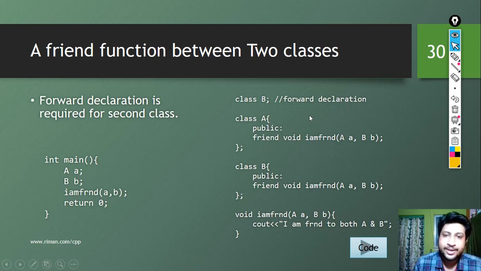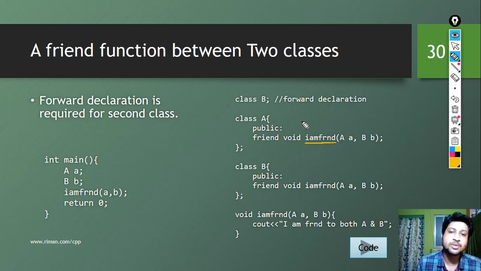So whenever we define a friend function like this, friend void I_am_friend, this friend function will be friendly to two classes, class A and class B. We require passing the objects of both classes. But class B is not defined when we are trying to define this friend function.